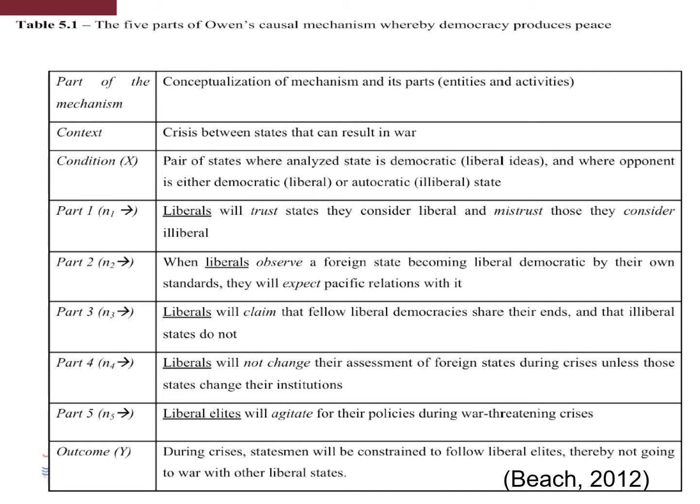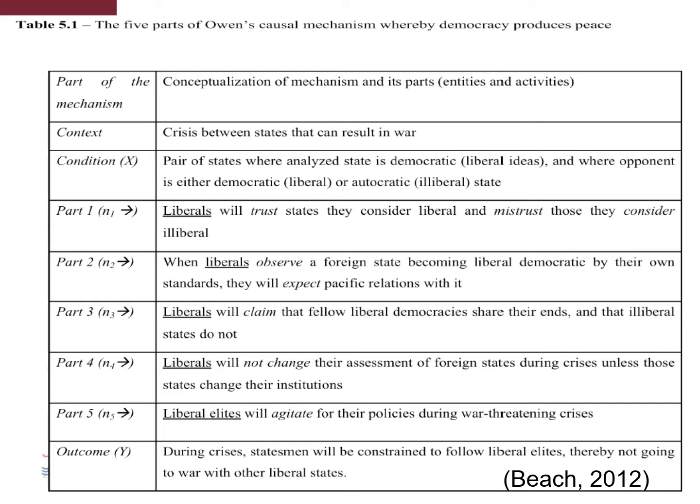Liberals will not change their assessment of foreign states during crises unless these states share their institutions, and liberal elites will agitate for policies during war-threatening crises, and all of that is supposed to add up to, during crises, statesmen will be constrained to follow liberal elites, thereby not going to war with other liberal states.